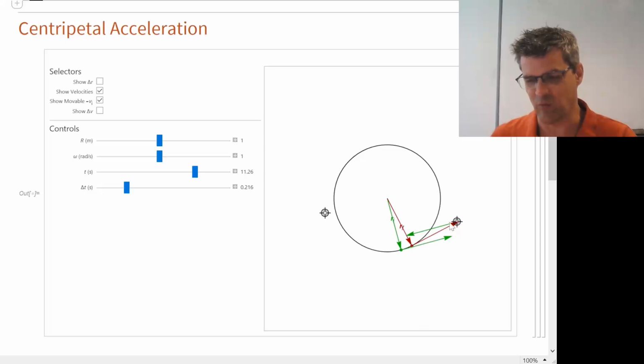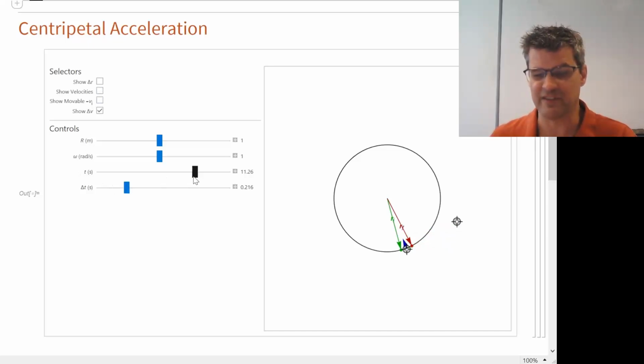It turns out that what we would get is a vector that points in. V final minus v initial puts us to there. So putting these together, what we really have is an acceleration that points this way. Once again, v final minus v initial, that's this blue vector, that's pointing directly in. That's what's going on here.